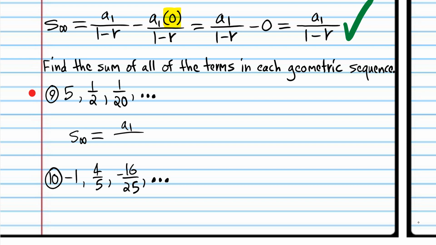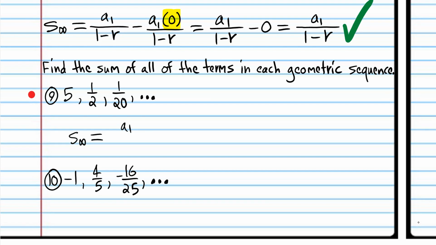So the sum is equal to the first term over 1 minus the common ratio. The first term is 5. The common ratio we found was 1/10. And so we get 5 over 9/10, and there's a number of different ways to simplify this.